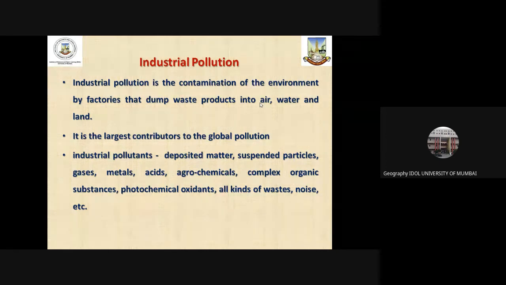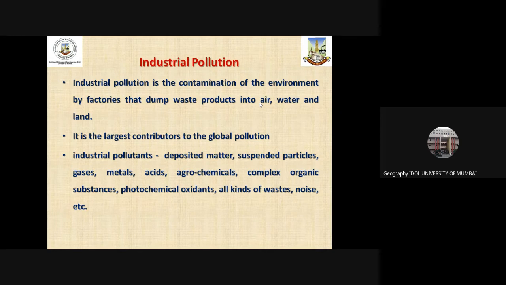It includes the deposited matter and suspended particles released from the industries: glasses, metals, acid, agrochemicals, complex organic substances, photochemical oxidants, and all kinds of waste, including solid and liquid waste that is released from the industries, go as pollutants in the natural environment.